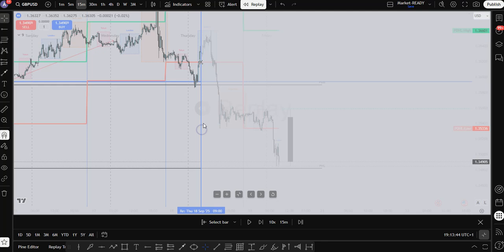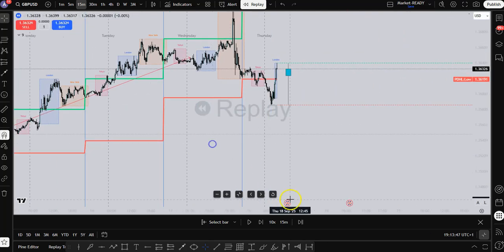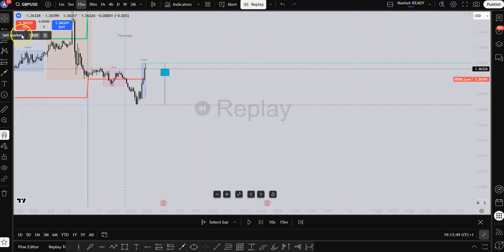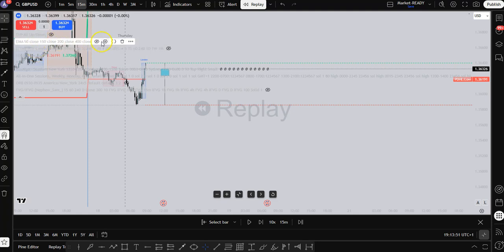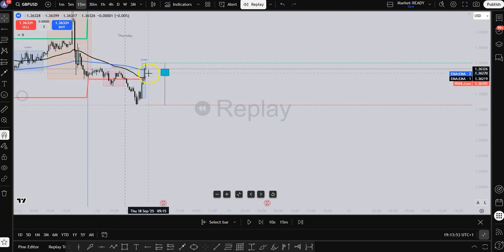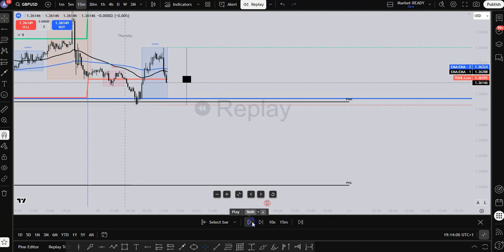Let's check it again in the context of the moving average. So the blue one is the 150 moving average, and the black one is the 50 moving average. Let's see what happened. So price was below the two moving averages.